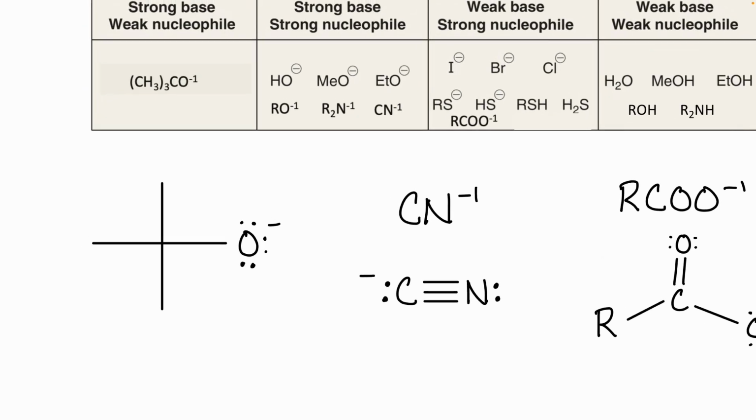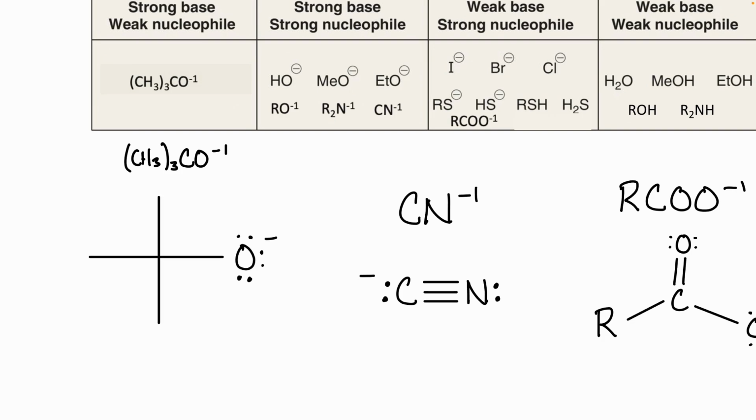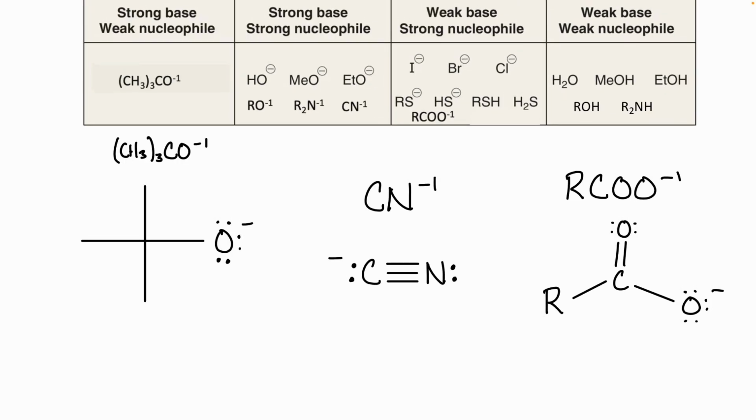All right, so given our condensed structural formula, CH3, there's 3 of them on a carbon attached to an oxygen with a negative charge. That would be this structure right here, kind of a plus sign with a negatively charged oxygen on there. Okay. I'm going to keep it like this on our constants page on our exam.